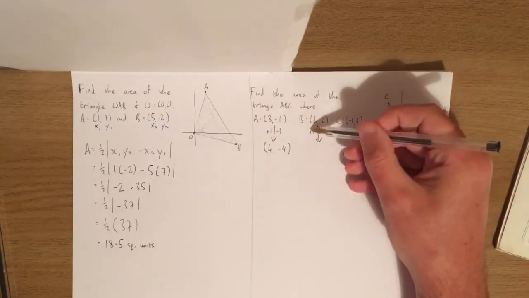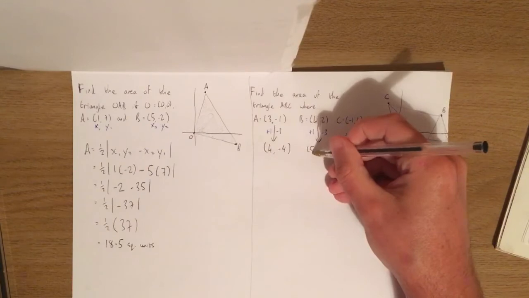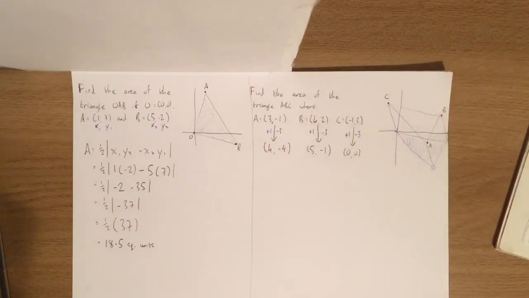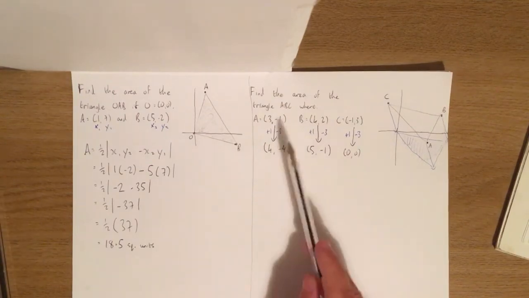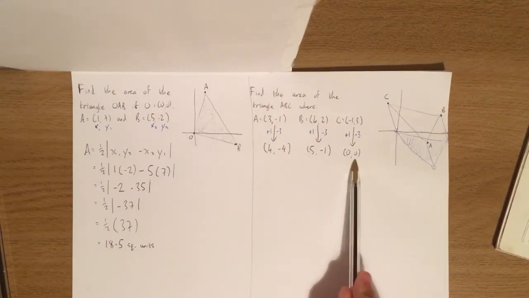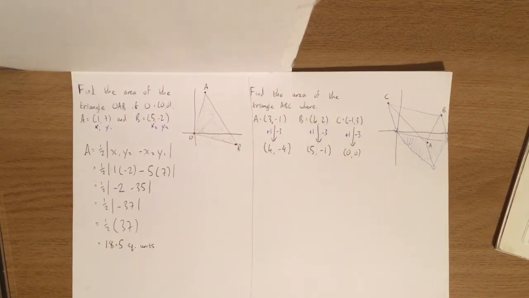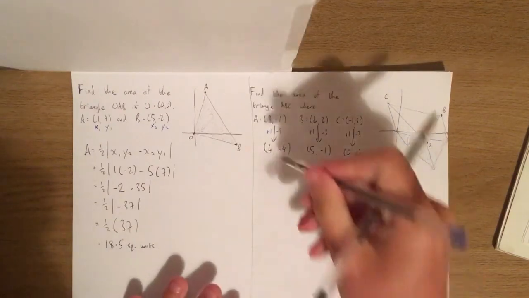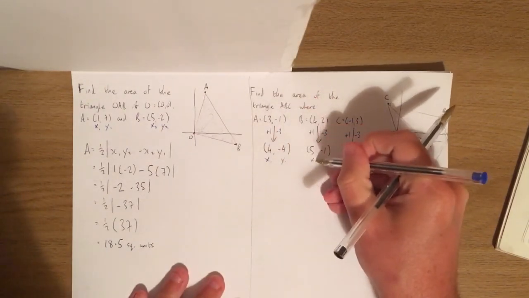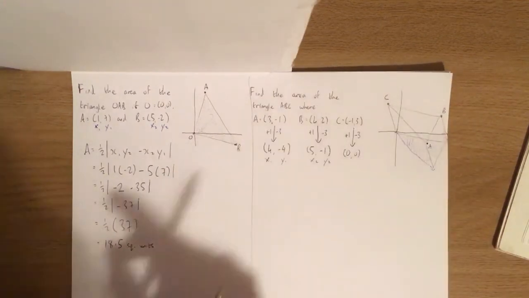Over here then, 4 plus 1 is 5. 2 minus 3 is -1. But you see now I've got my 2 points and my (0, 0), so I can fire away and use that formula now. I'll call this x1, y1, and I'll call this x2, y2.